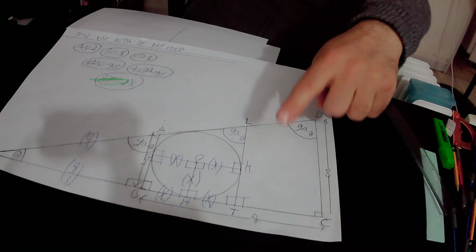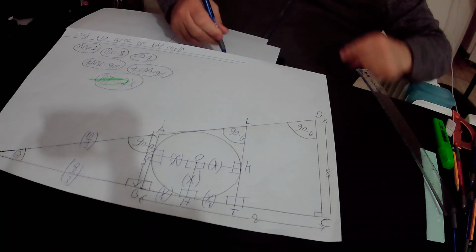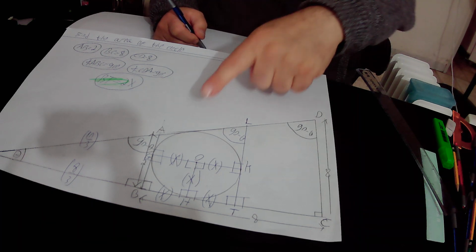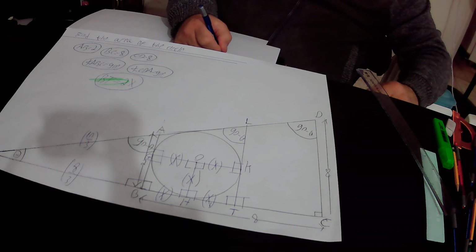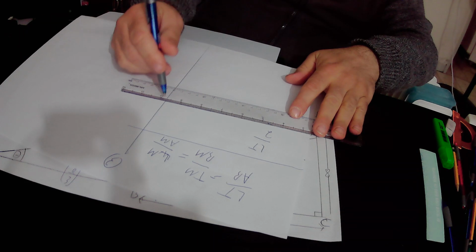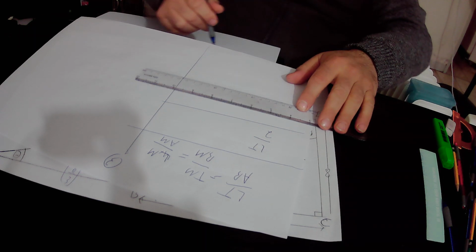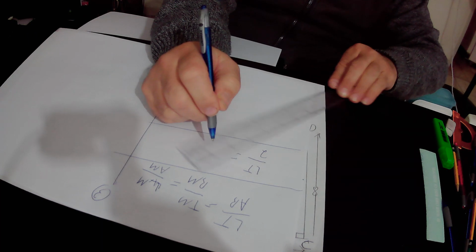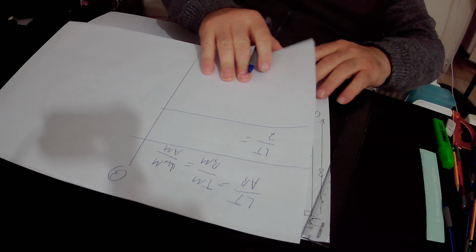This side LT is the missing side, so we will leave it as it is. LT over AB. AB is 2, so we substitute AB by 2. Okay. And it equals TM over BM. What is the value of TM?